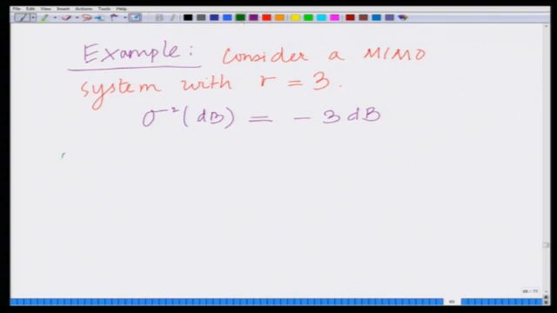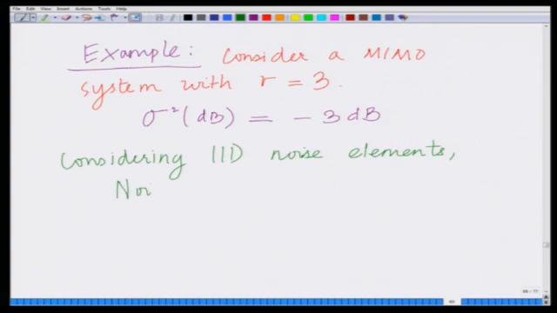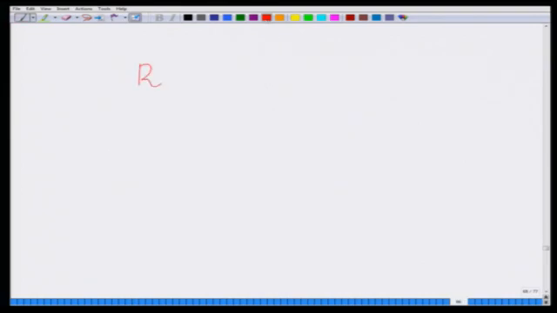Considering IID noise elements, what is the noise covariance? Well, as we have already seen, the noise covariance R is equal to sigma square times the identity, where I is the R cross R, that is 3 cross 3, identity matrix.